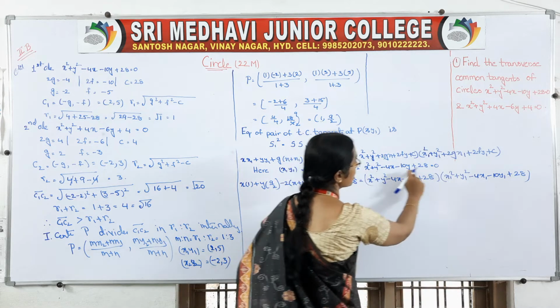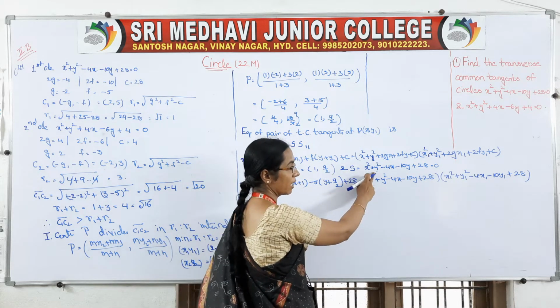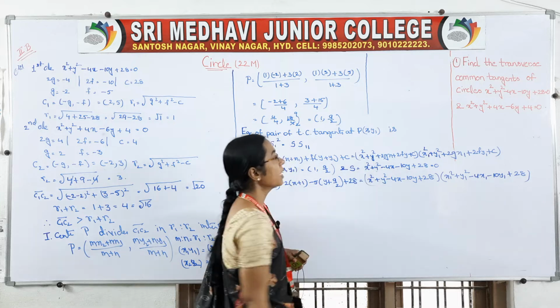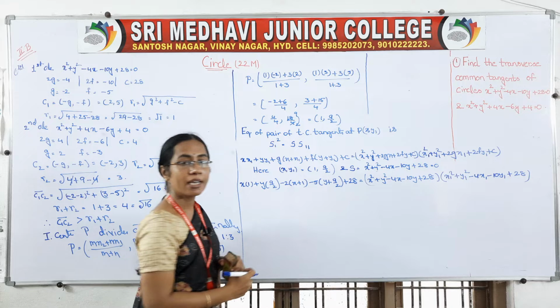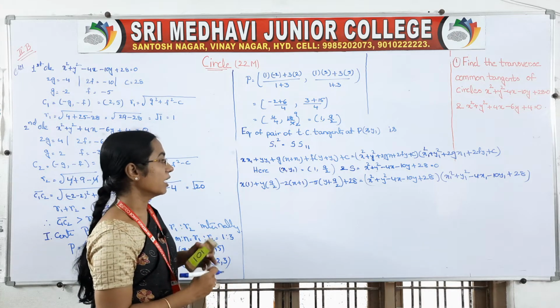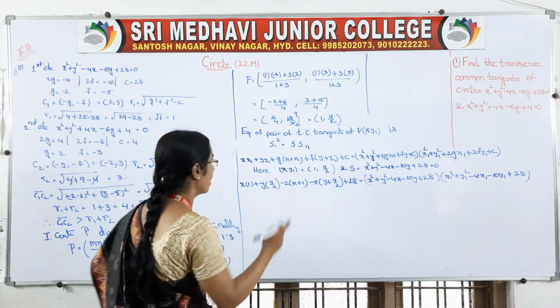In this equation, if you take x1 in the place of x and y1 in the place of y, it becomes S11. So this is S11, we have to take S11 there. Now we have to substitute the values on that side also.